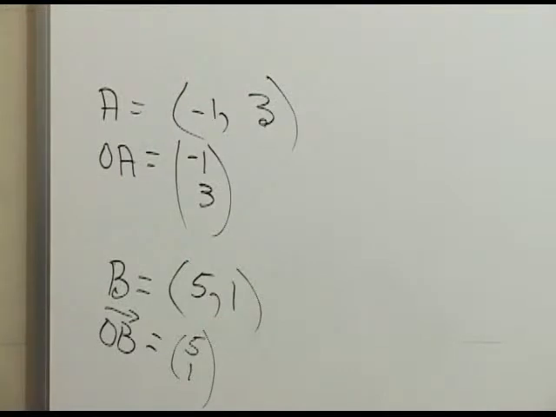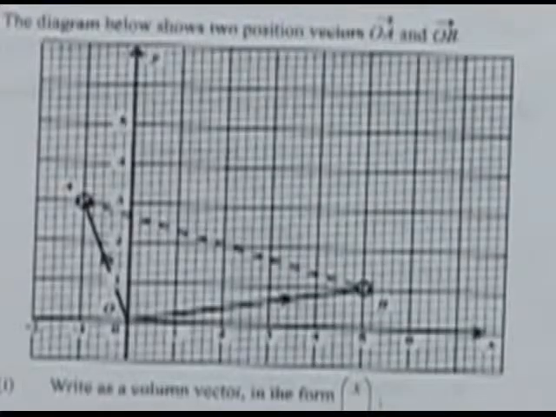Now, we have to find BA. We can look on here and we can see. And there are several ways in which we can get that answer for BA. Today, I want to tell you that CXC has already engaged you with OA and OB.